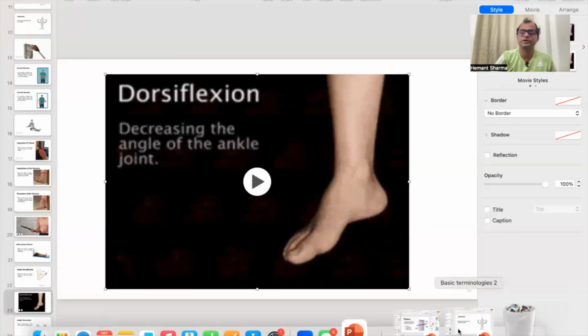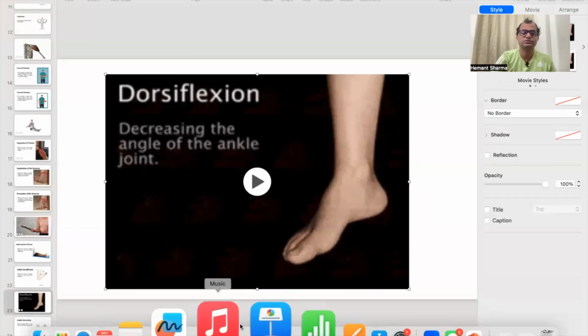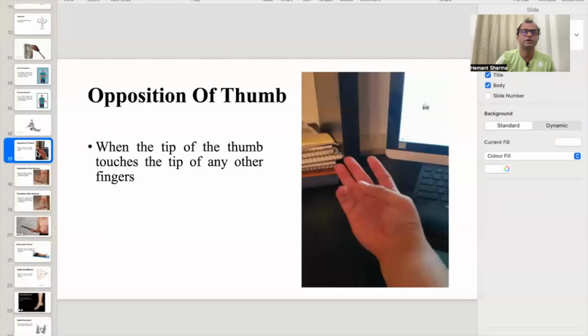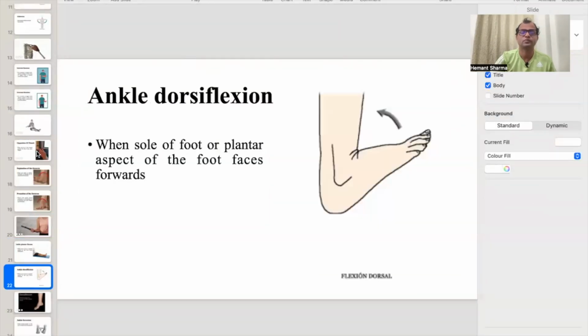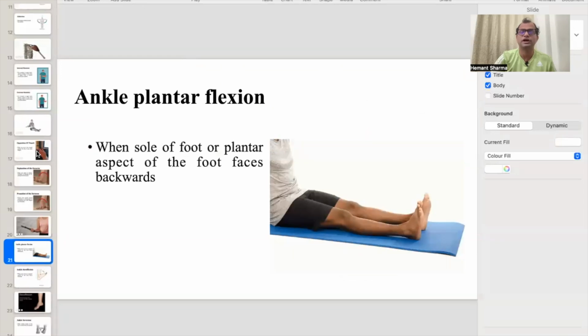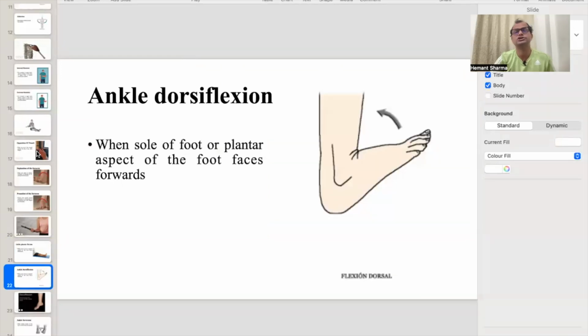So in this way, if we look at these two, look at here. So this is the dorsiflexion. Okay, we can see that the ankle joint angle is reducing.